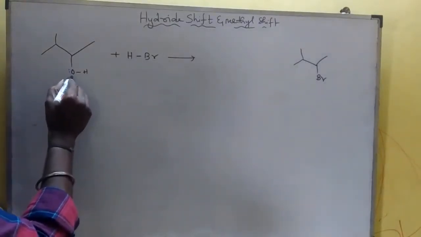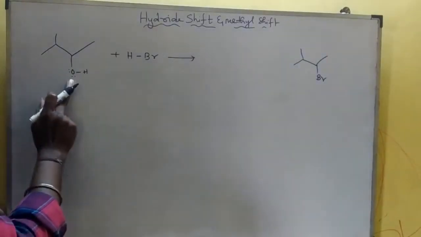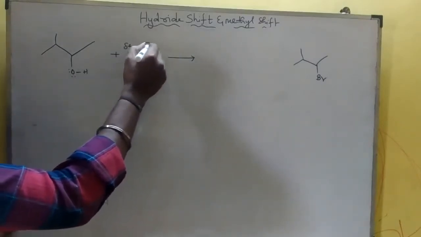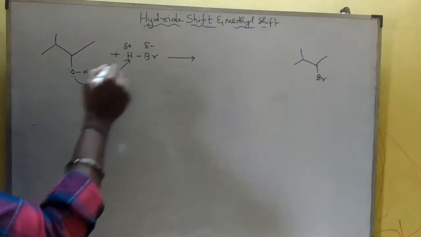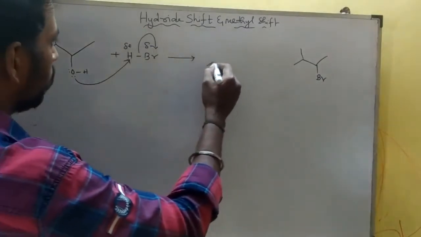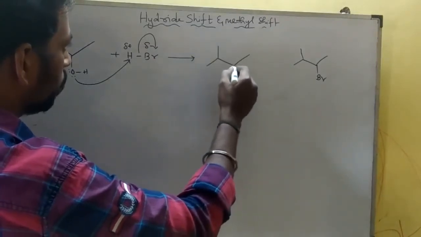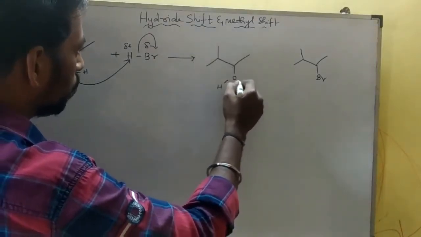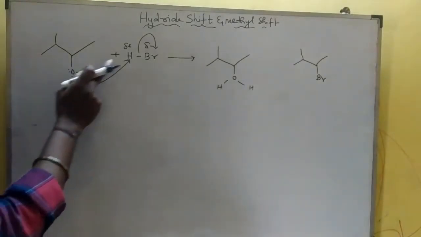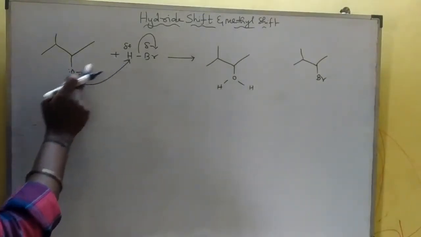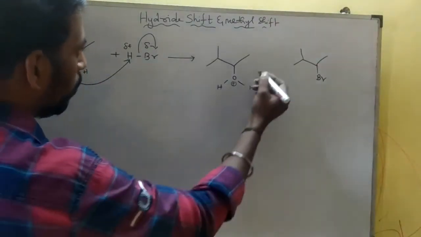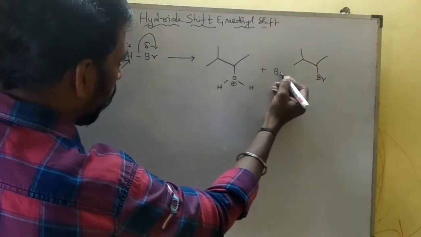This oxygen has a lone pair of electrons, and this has partial positive and partial negative charge. So it attacks, a nucleophilic attack, and this bond goes like this. Since this oxygen has shared its electrons with this hydrogen, it becomes positively charged, and Br minus comes out.